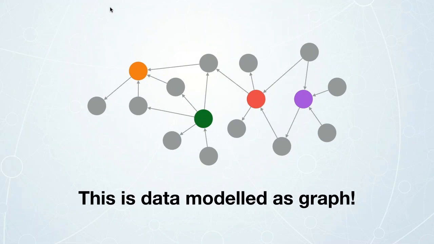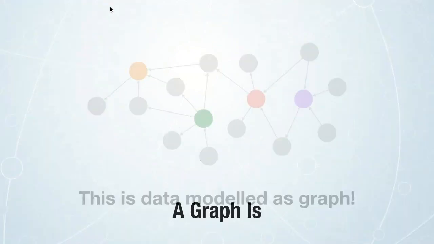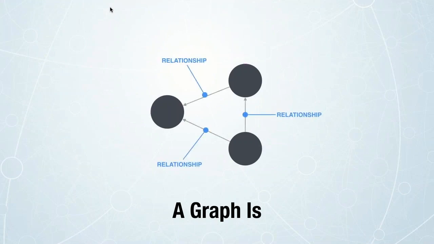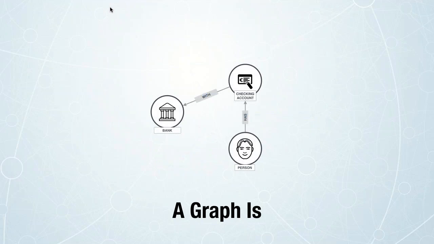So, simply put, a graph is connected data, which essentially means data points, or nodes as we call them, that have relationships with other data points. And this could be a person that has a checking account with a bank.